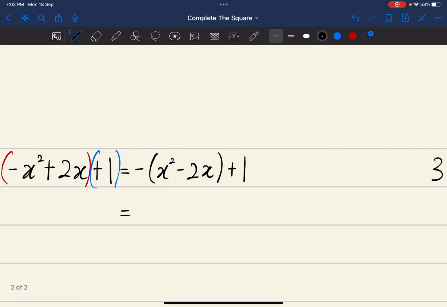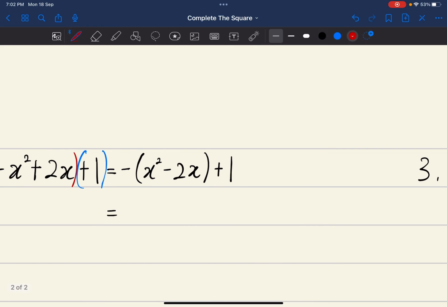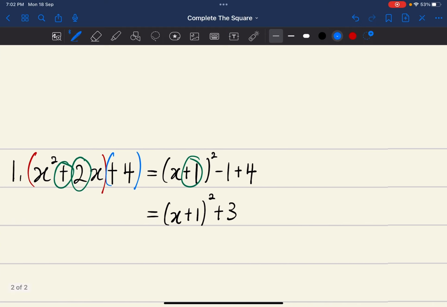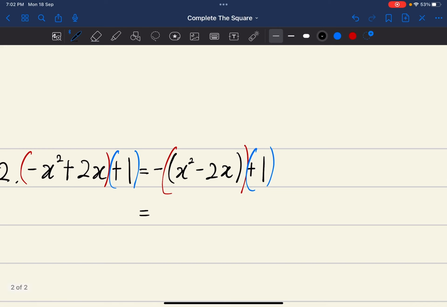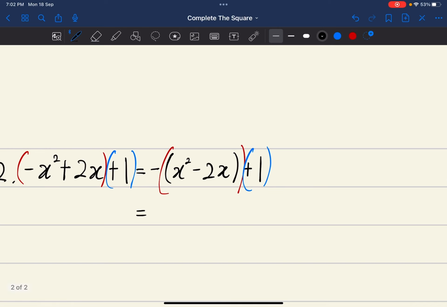But now, as you can see, this is in the form of this and this, which is the same thing as question 1. The only thing here that's extra is just a negative, but we don't really have to bother about it. It's going to be the exact same technique.